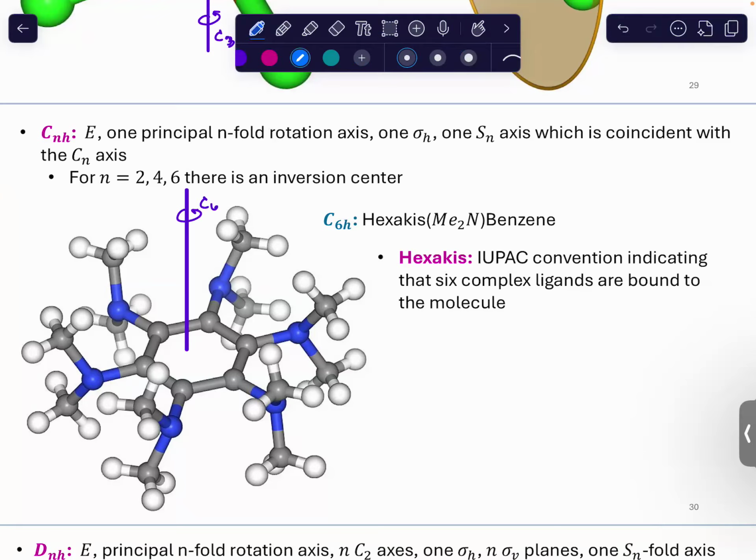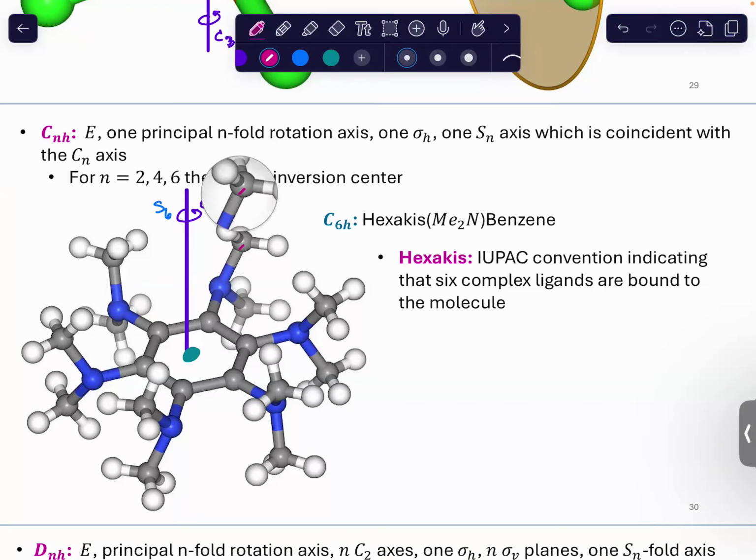And also on there, you're going to have an S6, because then you could rotate and reflect. The inversion center is a little more difficult, but let's do it. I see it though.